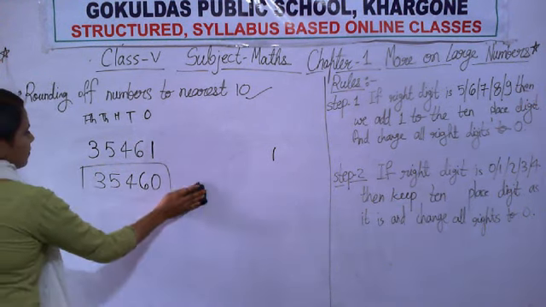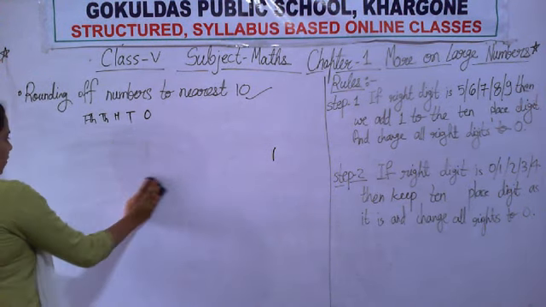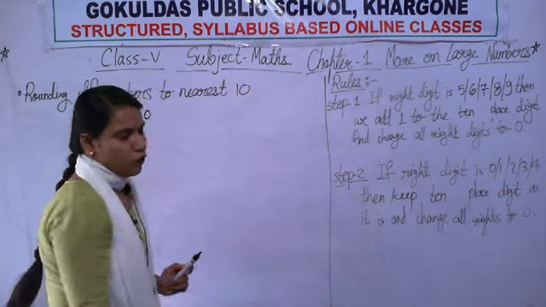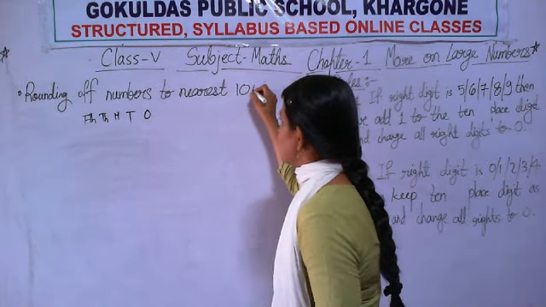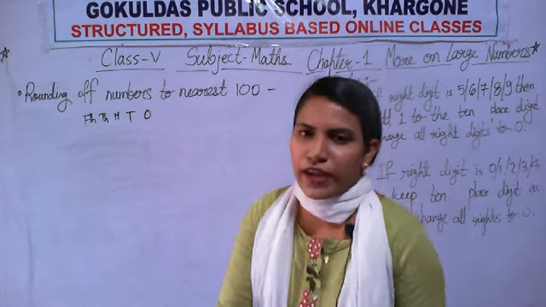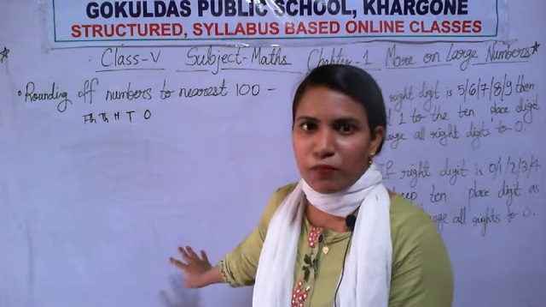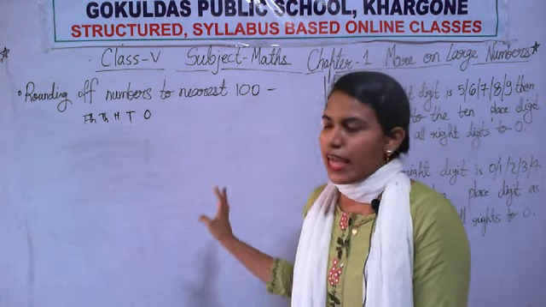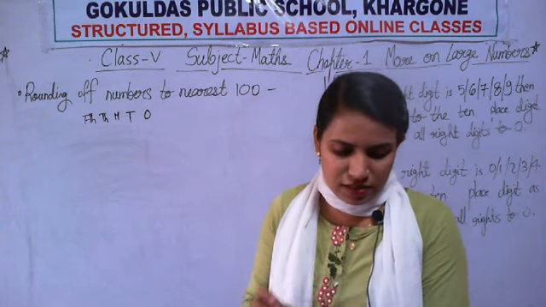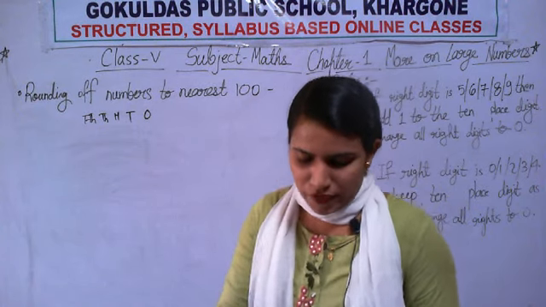In the same manner, the digits to nearest 100. Okay, I am just revising this topic. In the previous class we have done this, and we have done some questions based on exercise 1.4 also.